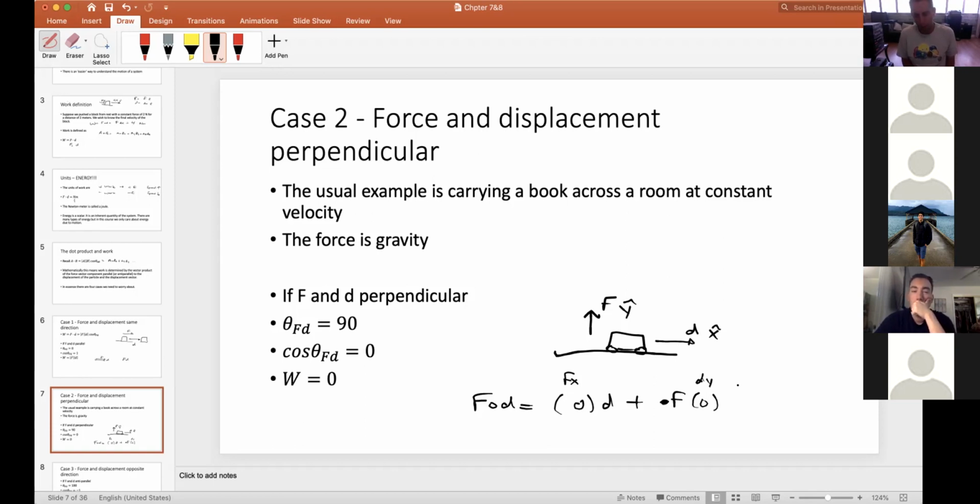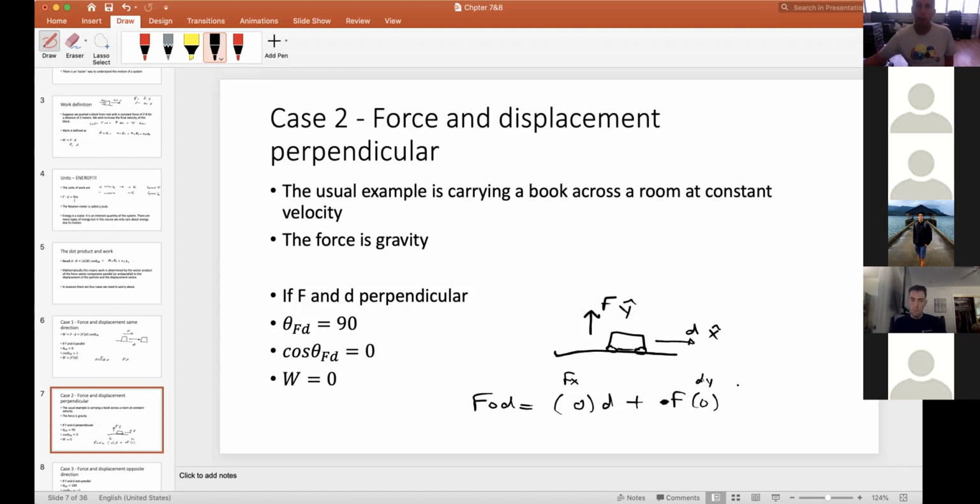This is the example they always talk about. If you lift a weight off the floor, you do work. The reason you do work is you are moving the object against gravity. It's not about you lifting. Obviously, you have to do the work.